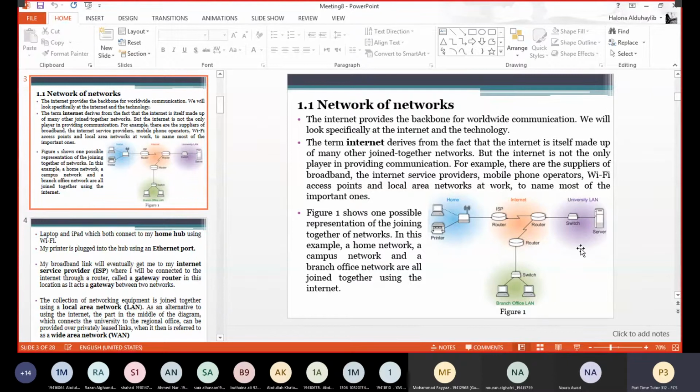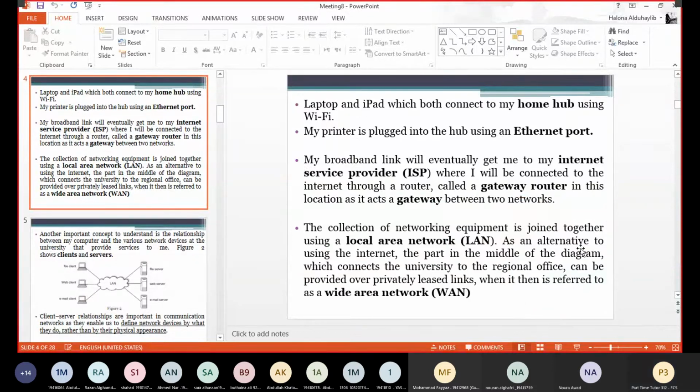And we need also to think about how the data transfers from one place to another place. So this is actually an explanation of what I just said. We have a laptop and a pad connected to the internet at home by using the Home Hub through Wi-Fi. We have a printer connected through a wire through the Ethernet port. We have a broadband link through the internet service provider, which is the companies.